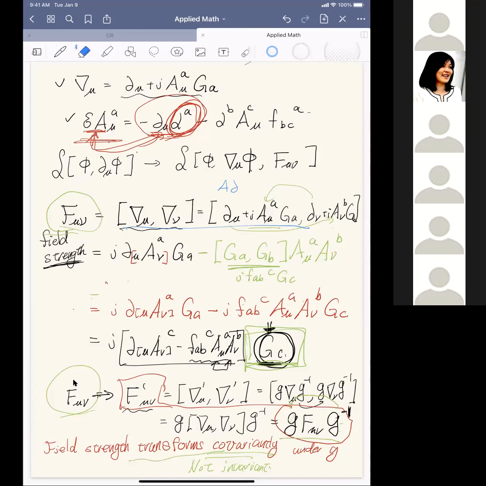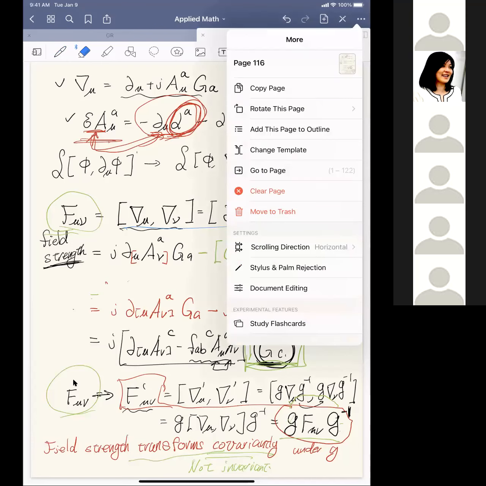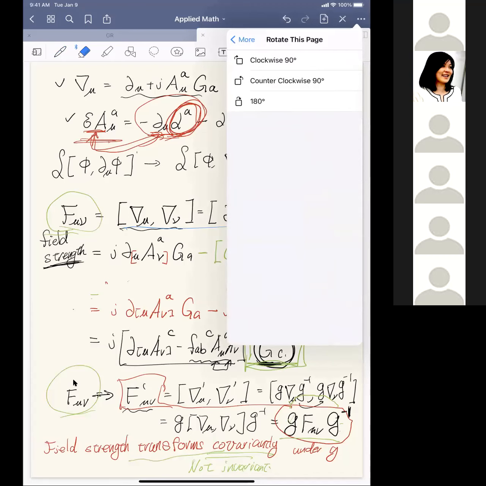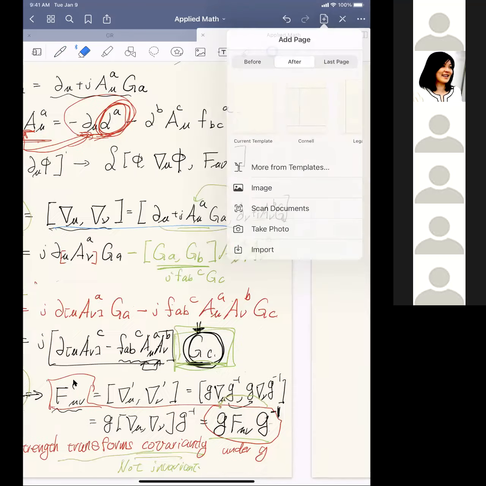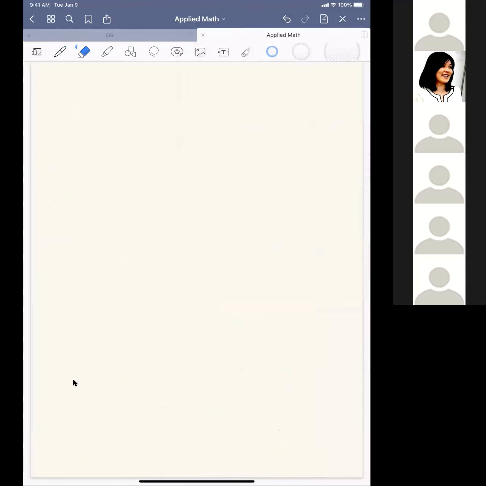And the reason is this. Let's just write down partial mu plus a mu, and partial nu plus a nu, and work this out.